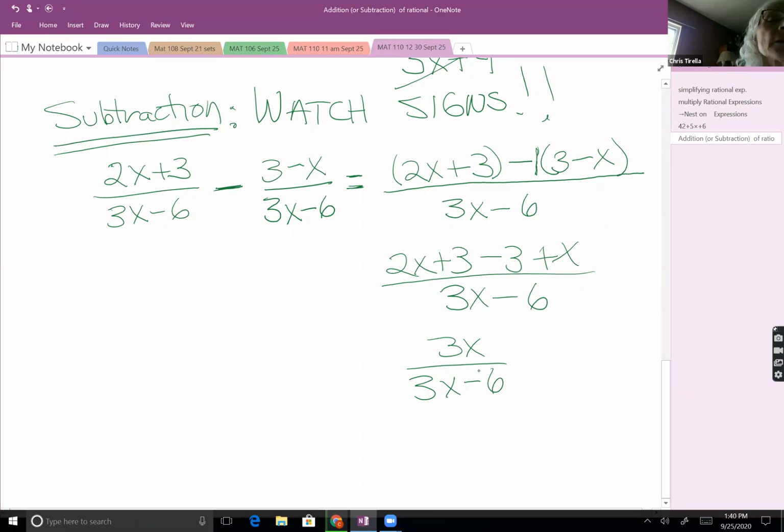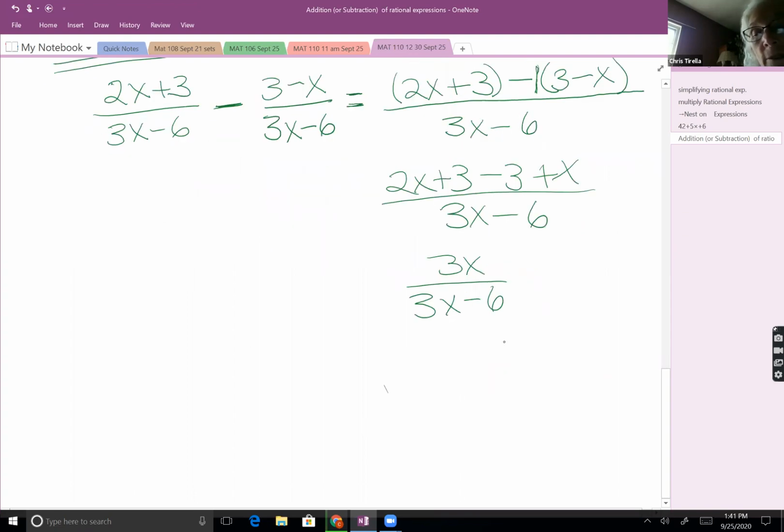And doesn't it look like that fraction should reduce? But again, you have to be careful. You can only simplify if you factor first. So here, 3x doesn't factor. Does 3x minus 6 factor? Is there anything in common?